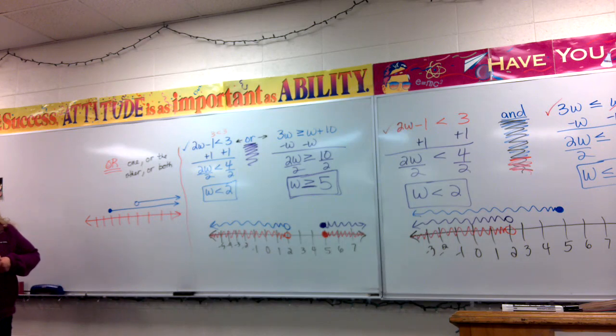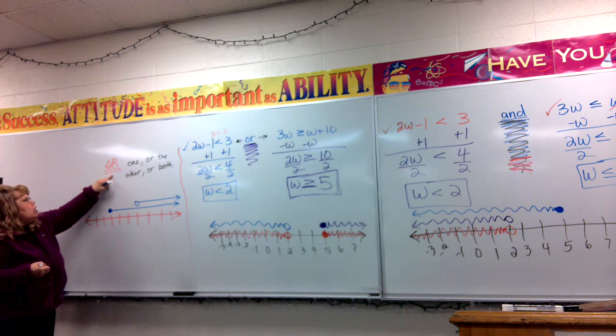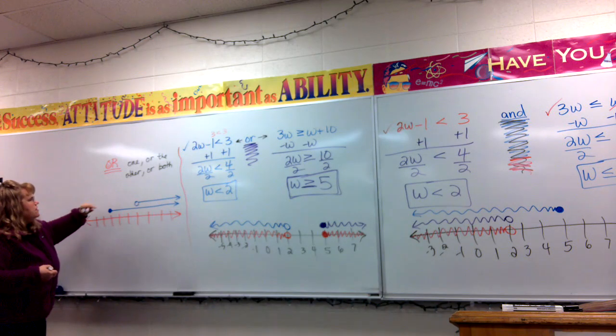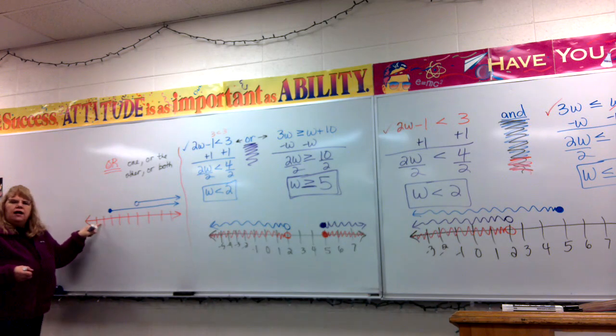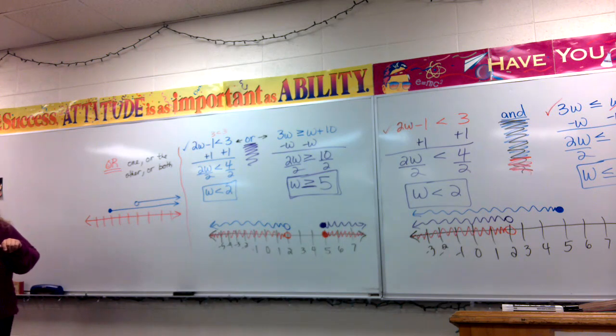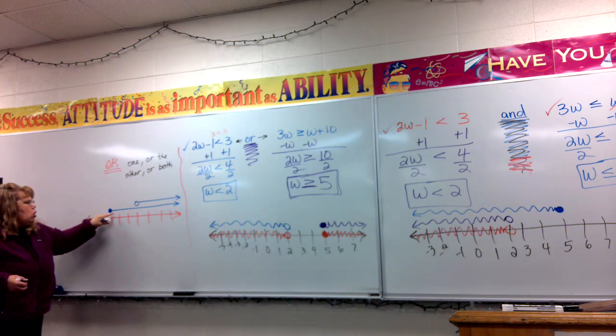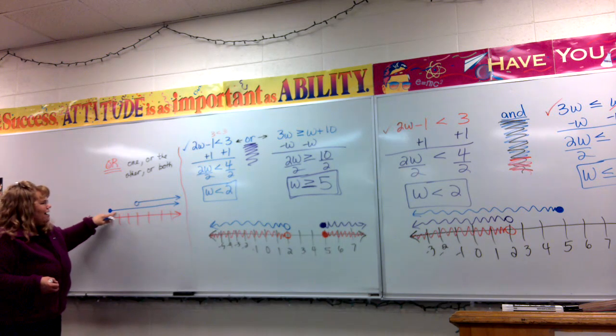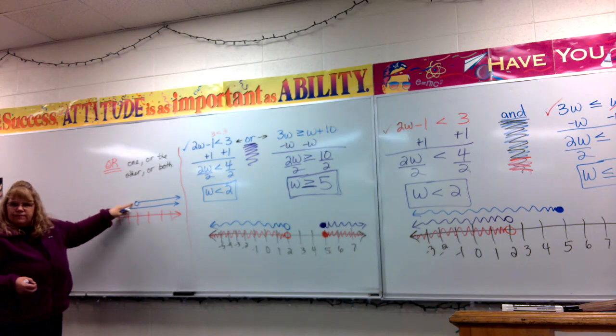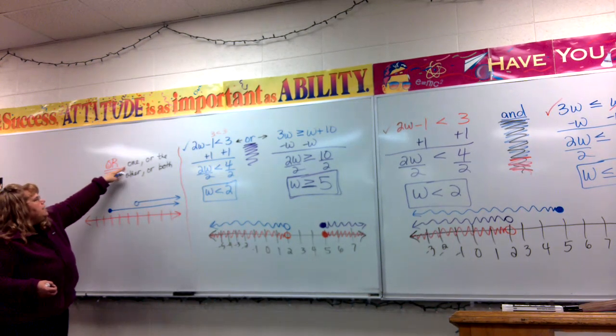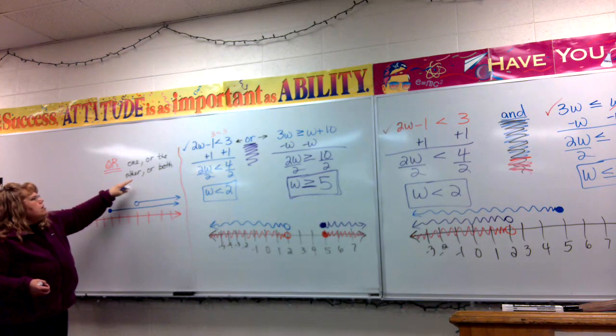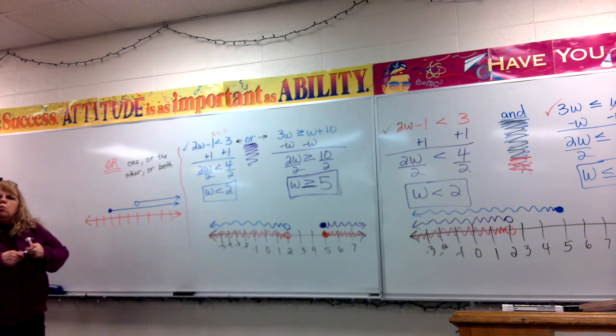Raise your hand if you know, if this were an OR and I graphed these two, where would I color in on my number line? If this were an OR and I had this graph and this graph, one or the other or both, where do you think I would color in, Addie?